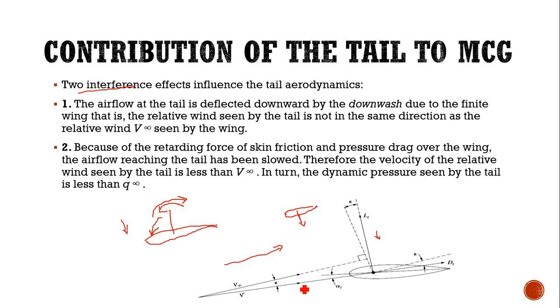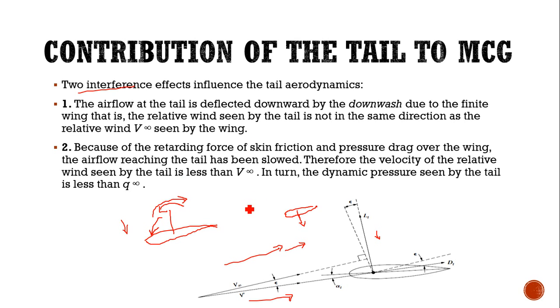The relative wind is deflected and we have a relative wind in a different direction. And the second one is that the speed of the relative wind that reaches the wing is not the same as the speed of the relative wind that reaches the tail.